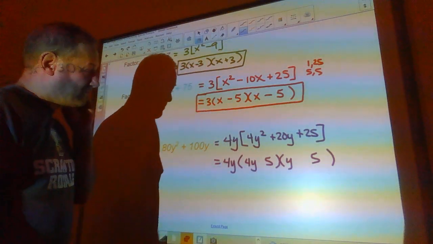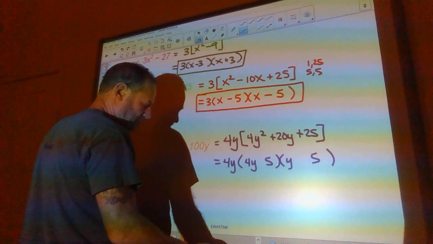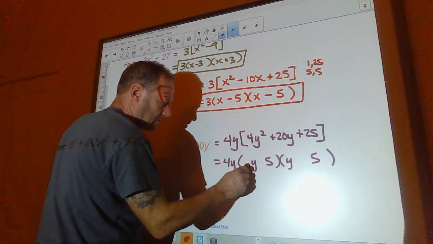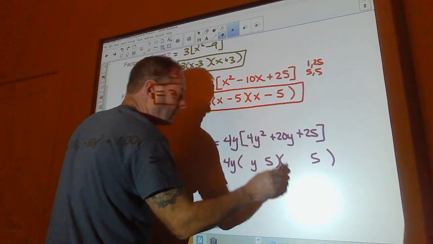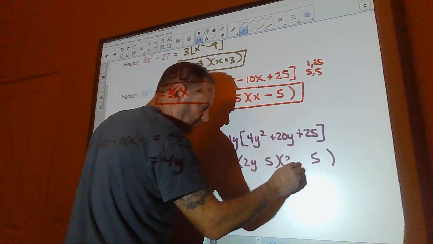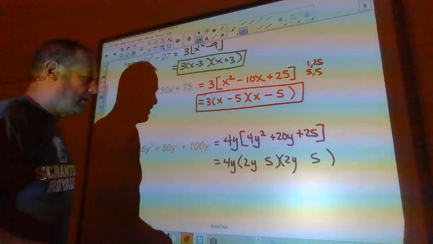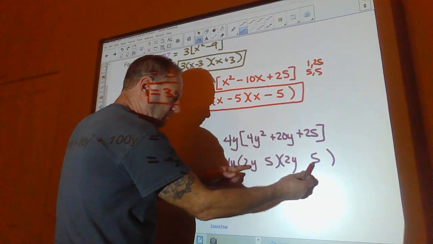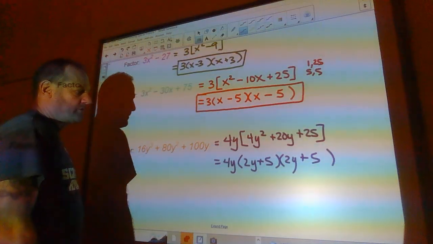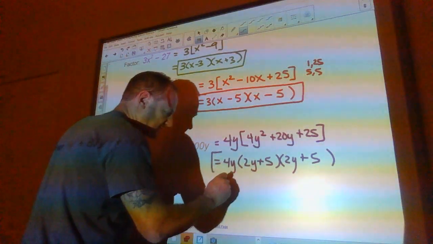I can't make 20 out of 20 and 5. So let's try this. Let's go by what I had said before. Let's go with the factors that are closest together. So 2y and 2y. Oh, there we go. Because there's 10y and there's another 10y. Both of those are positive. That makes 20y. And so there's my answer.